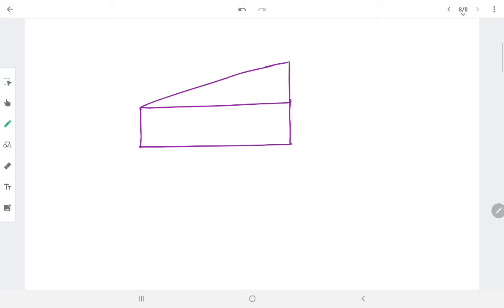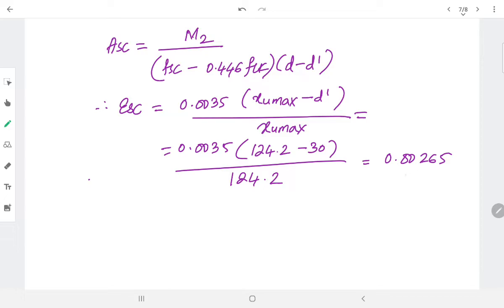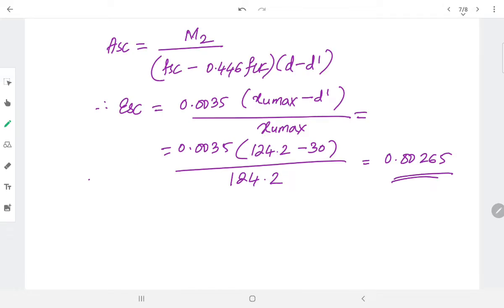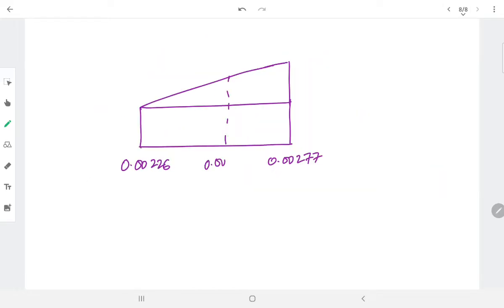For Fe 500, our value 0.00265 falls in between 0.00226 and 0.00277. This is the unknown value, the X value.